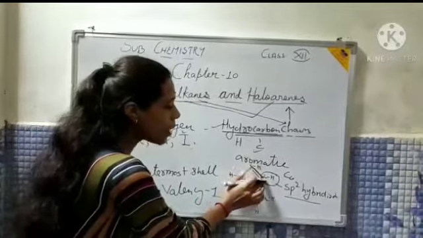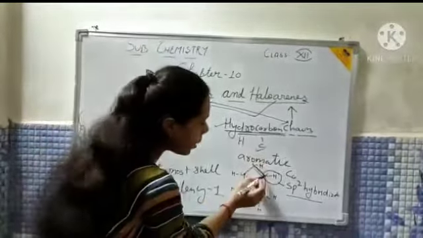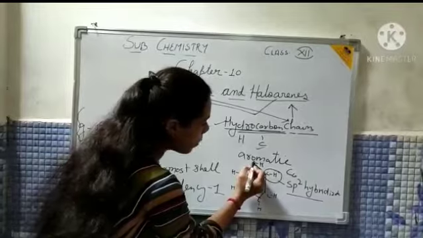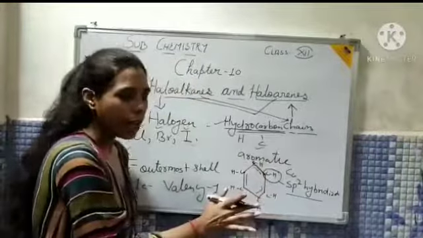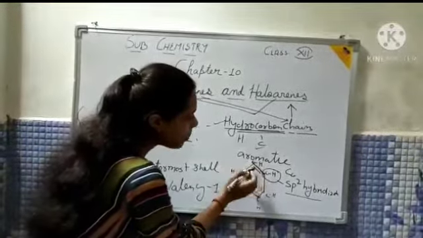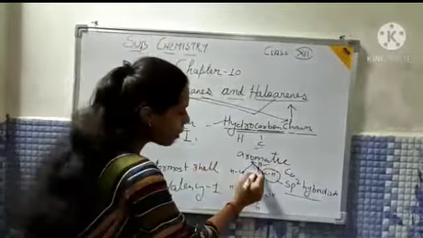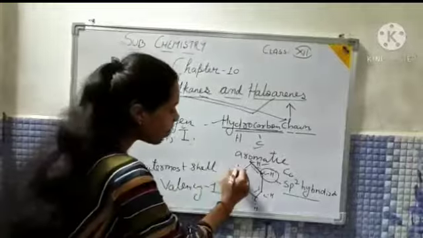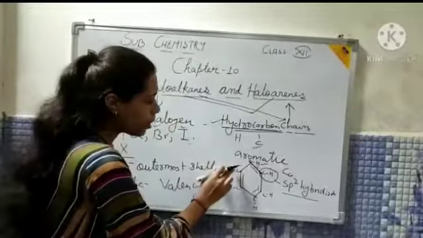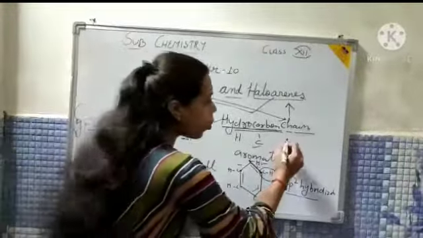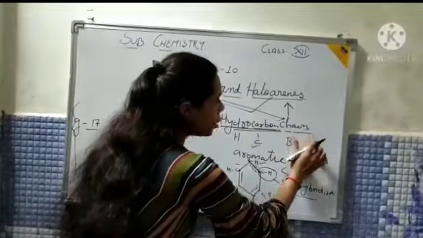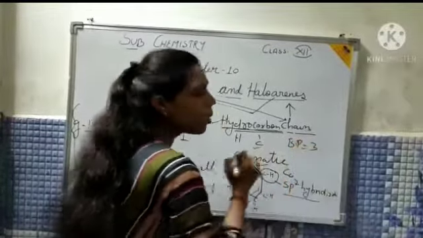You see how many bonds the carbon is making. For example, I am taking this carbon, and similarly it applies to the other carbons. This carbon is making 1 bond with hydrogen, 1 bond with carbon, and 1 bond with this carbon. So in total, it has 3 bond pairs.